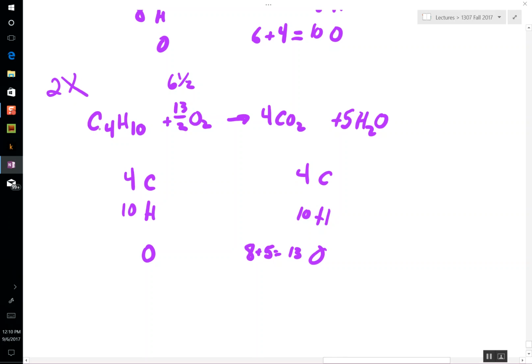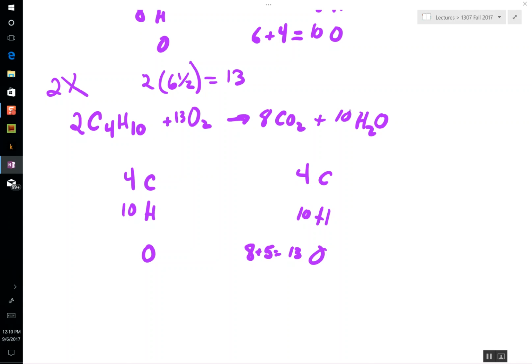Remember, in front of C4H10 is a 1, so 2 times 1 is 2. 2 times 6 1/2 is 13. 2 times 4 is 8, and 2 times 5 is 10.